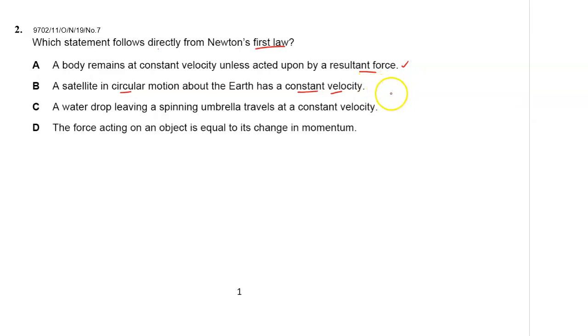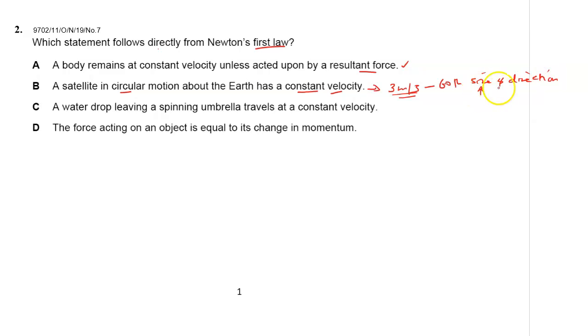Of course, it might be doing a speed of, let's say, 3 meters per second around the circular path, but the direction is changing. You remember that velocity has got both size and direction.